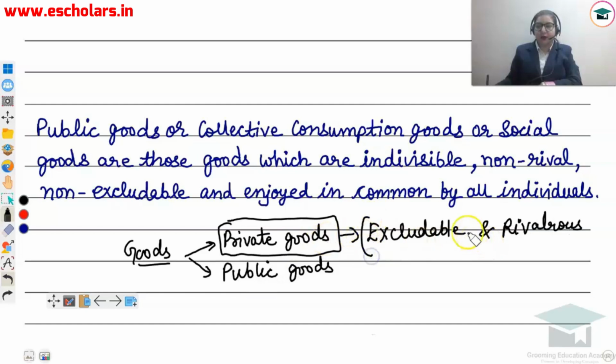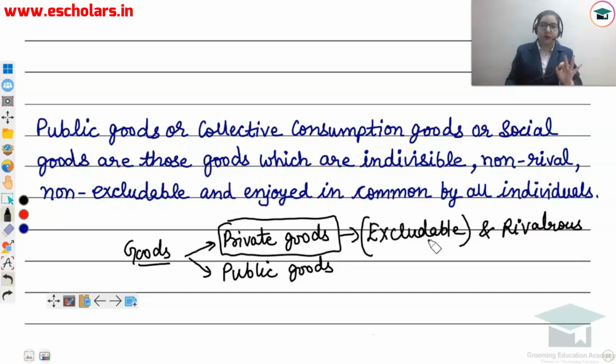Private goods are excludable means that the person who is paying for the private good will be able to consume the private good, and the persons who are not able to pay the price of the private good, that is, who are not able to afford it, will not be able to consume it, right? For example, laptop.